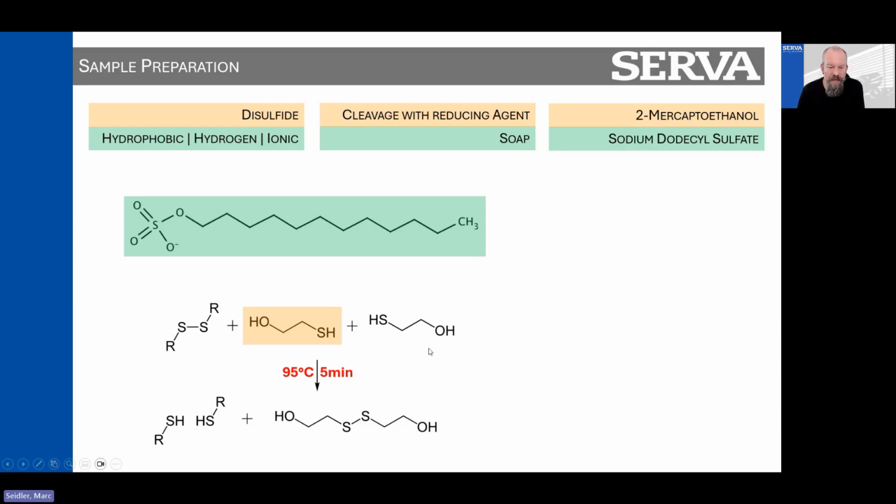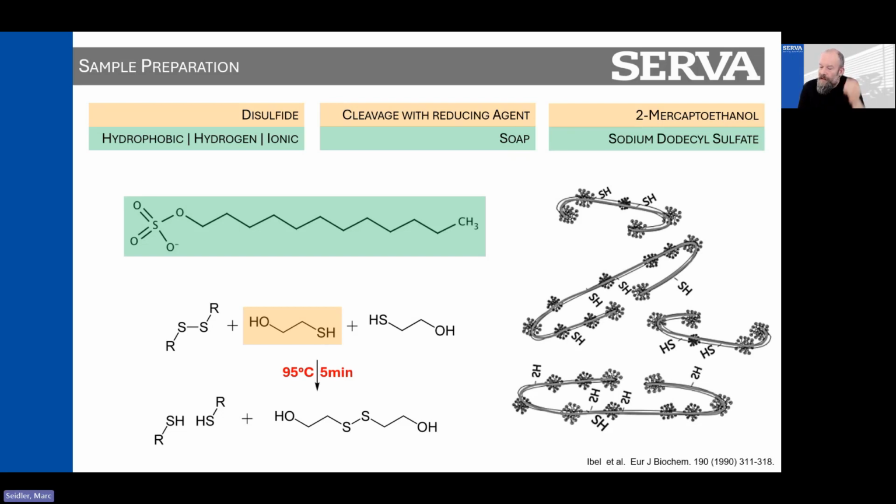So it's just simply raising entropy and raising the energy. You just need a really minor reaction, 95 degrees for 5 minutes, and this is enough to let these mercaptoethanols exchange places with the sulfides, and then you have the disulfide bridge on the mercaptoethanol, but on your protein the cleavage is done and the bond is broken.